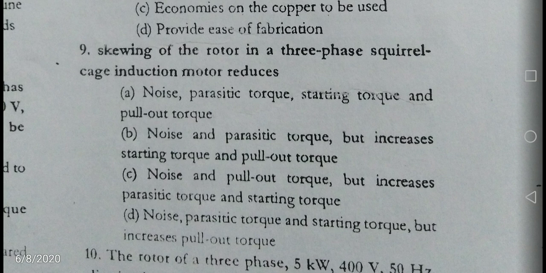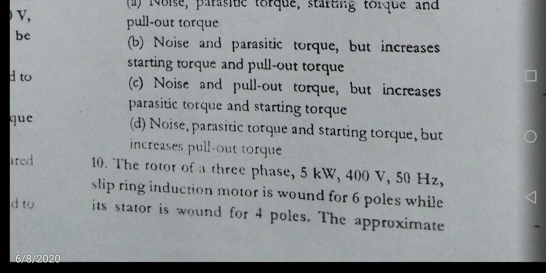Option B says noise and cogging torque are reduced but the starting torque is increased. The main aim of the skewed rotor is to reduce the noise and increase the starting torque. So option B is right.